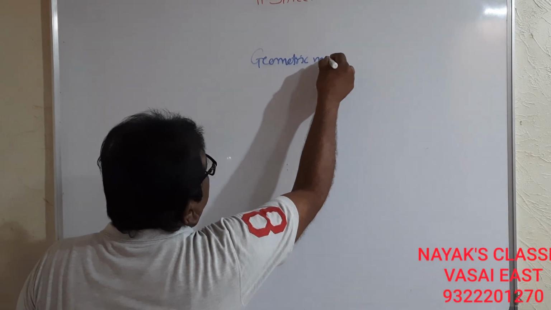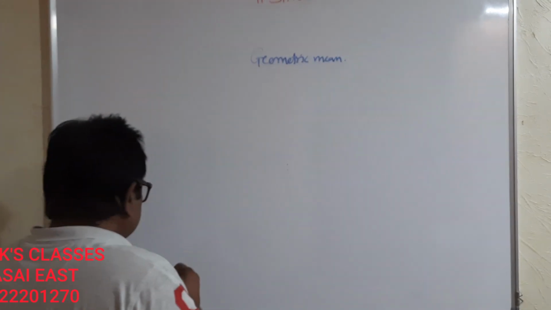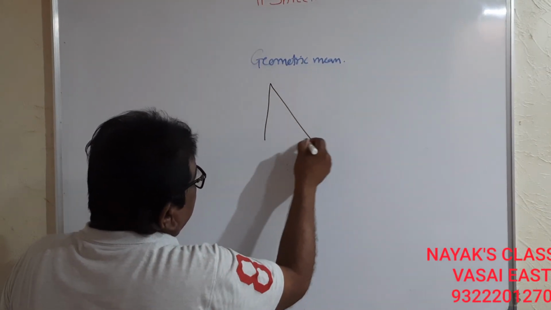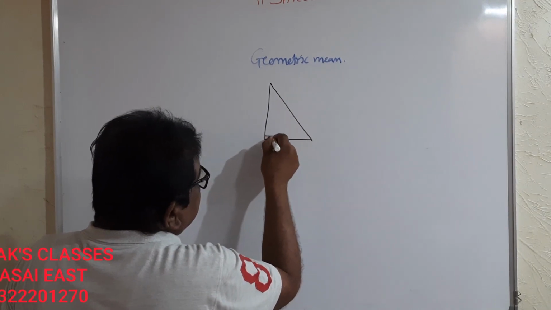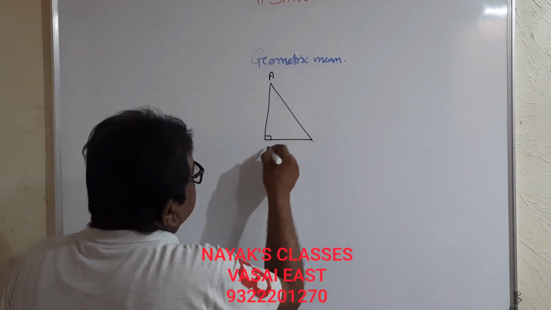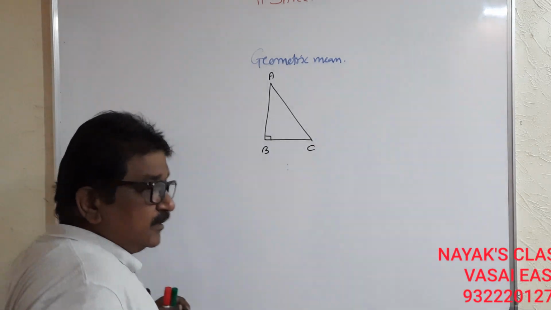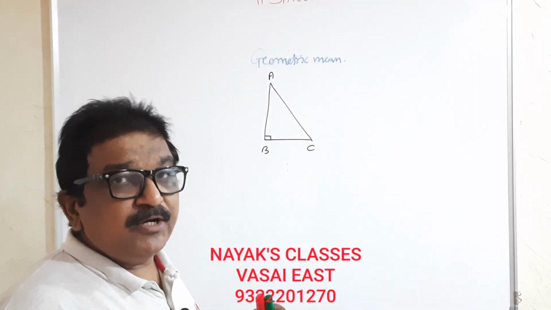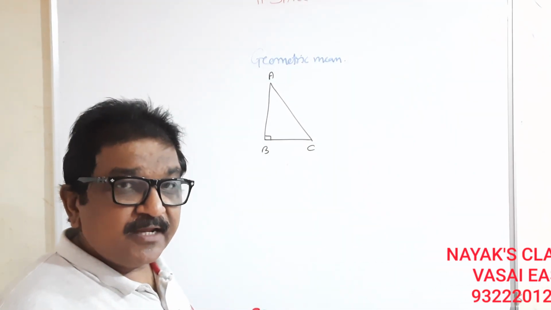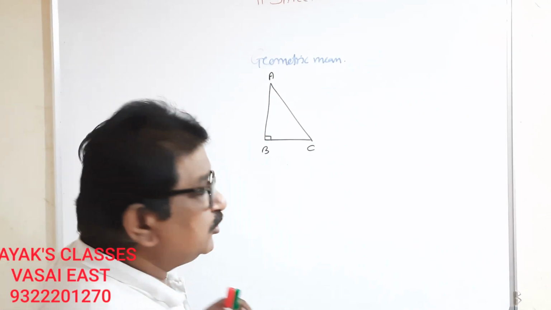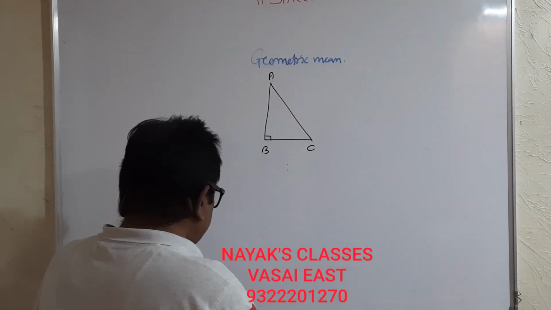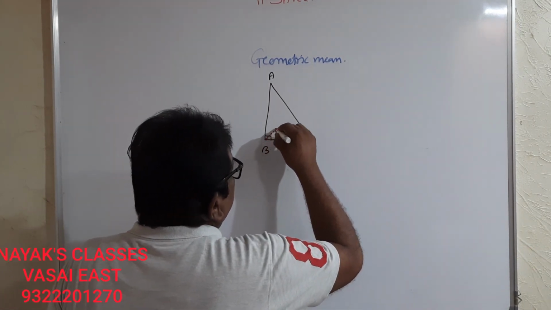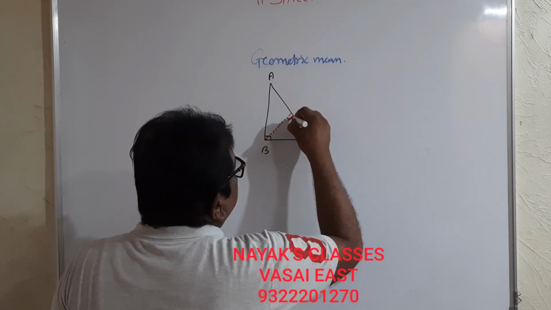Suppose we have a right angle triangle, and we draw a perpendicular from the 90 degree angle to the hypotenuse.